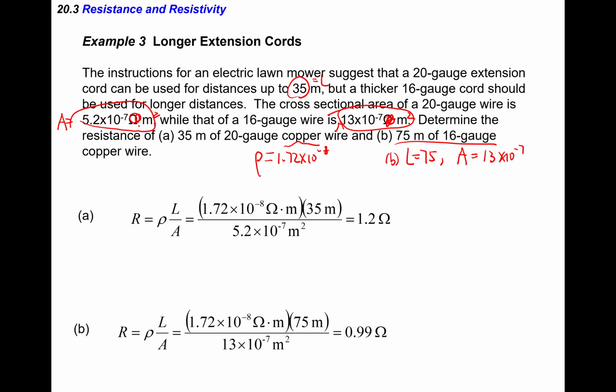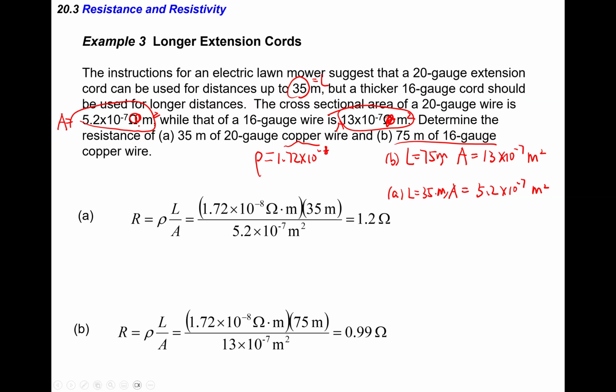And in part A, we have length 35 and cross-sectional area 5.2 times 10 to the power of negative 7 meters squared. Okay, so with all the information given, take a look at A. This is how to calculate the resistance.